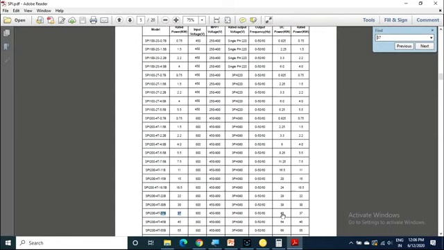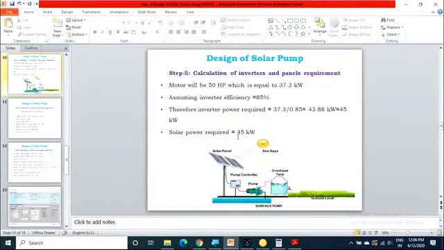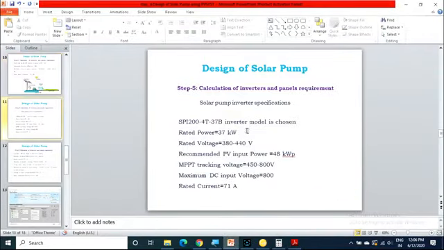The DC power required is 48 kilowatts, and rated power of this inverter is 37. That means to meet this solar power of 45 kilowatt, this is suitable. So the rated power of 37 kilowatt is suitable.